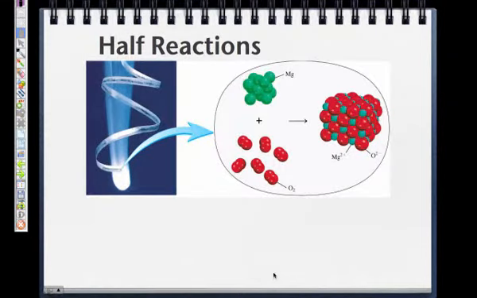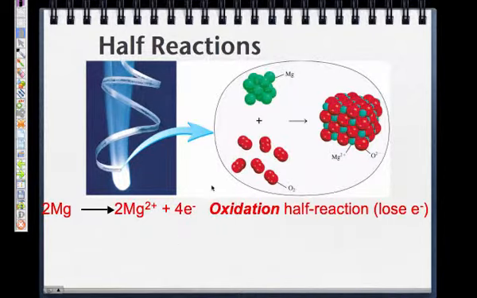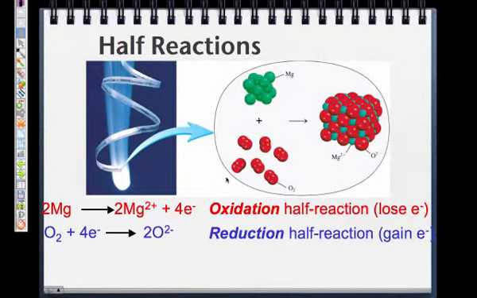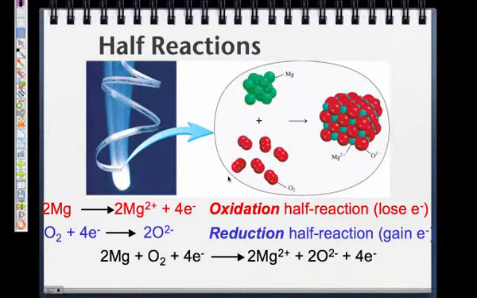We'll look at some examples. So if we look at this equation, we have two magnesium atoms. So here would be our equation.